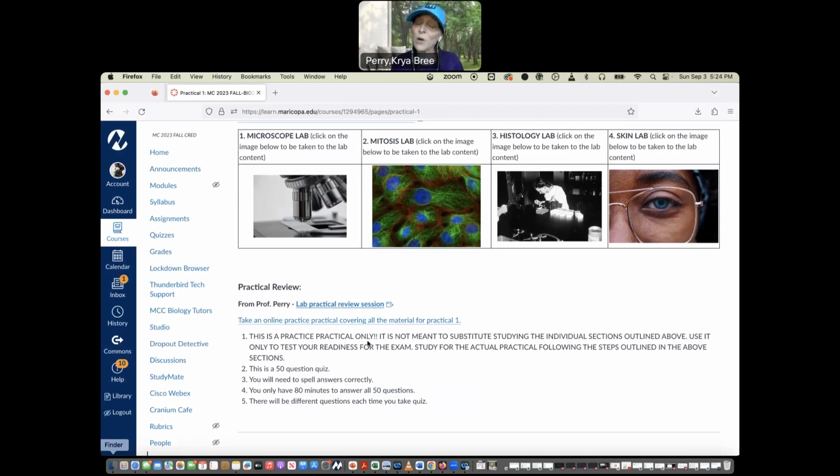So if you ever have questions and something was marked wrong on the practice practical and you're like, would that be marked wrong? Like someone asked me, they had put lacuni, the plural, instead of lacuna. And again, if you did that in a practical, you got it right. But it may mark it wrong on the practice practical. So again, I will be adding back in those points. So don't sweat that, okay?